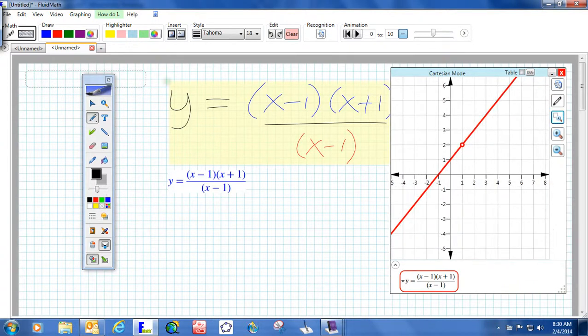This thing ends up being fairly linear looking. In fact, it looks like the equation y equals x plus 1, doesn't it? The slope is 1, and the intercept is 1. So it looks like a straight line with the exception of the little hole in the graph at an x value of 1. The point discontinuity.